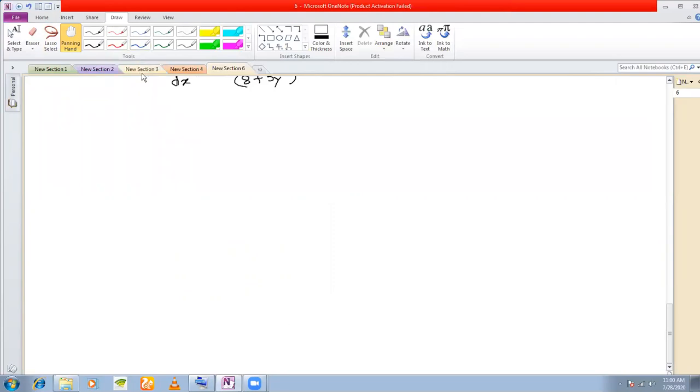Next sum is little long, but it only looks long. Ax square plus 2hxy plus by square plus 2gx plus 2fy plus c is equal to 0. Need to differentiate this.